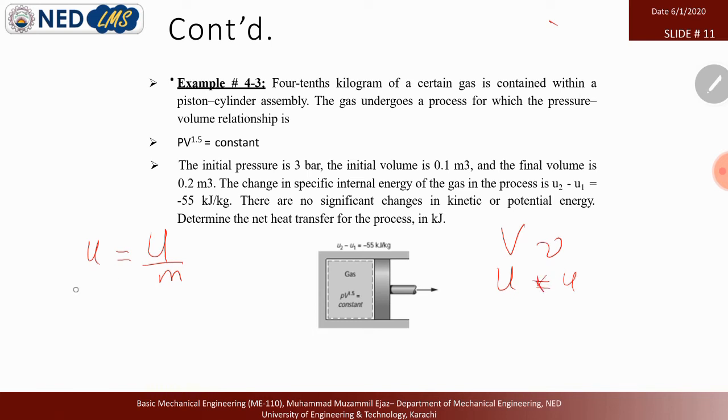This is not equal to this. So in the numerical, we need to put the value of capital U. What is the value of U? Simply U is equal to M multiplied by small u. It is capital U, it is small u. So we can write the mass, which they are also telling us, that is 4/10 kilogram. 4 tenths means 4 upon 10, 4/10 kg.